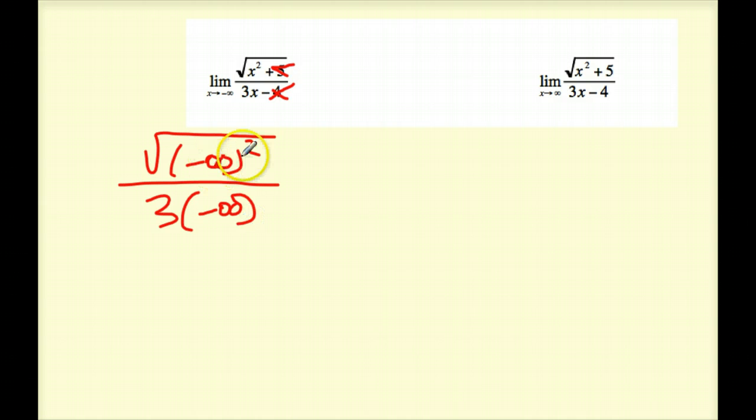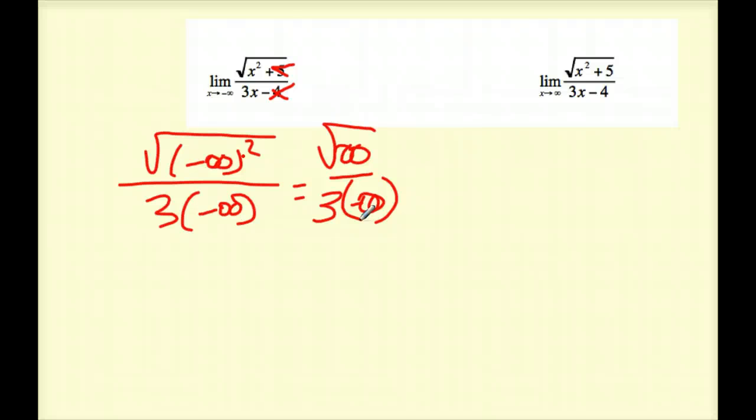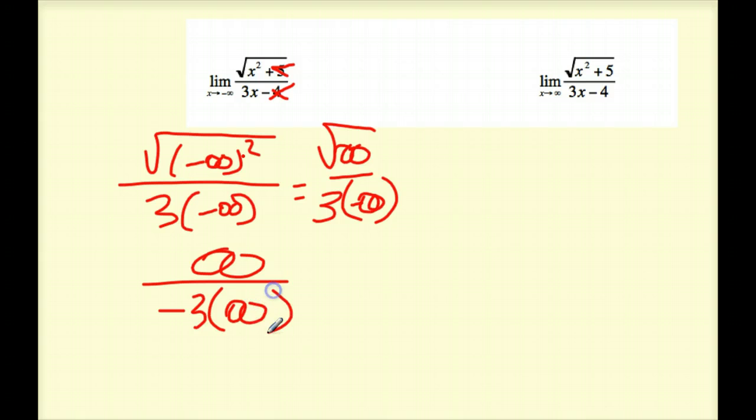Well, negative infinity squared gives us a square root of infinity over 3 times negative infinity, right? And if you take a look at that, the square root of infinity is infinity, and so I get infinity over a negative from there. These cancel, and what I get left over is a 1 over a negative 3.